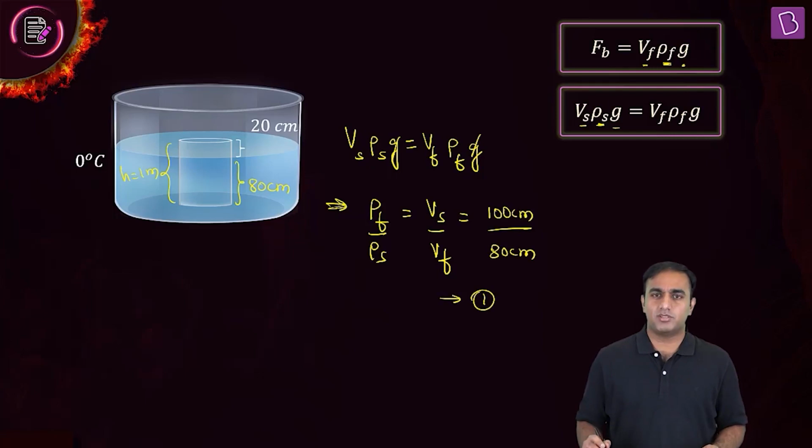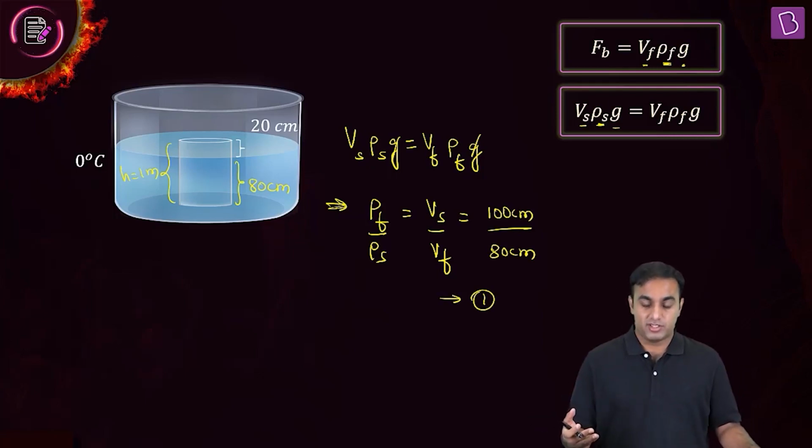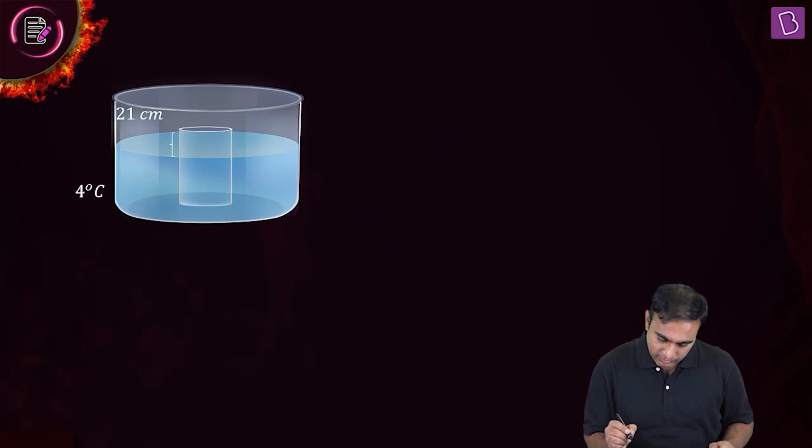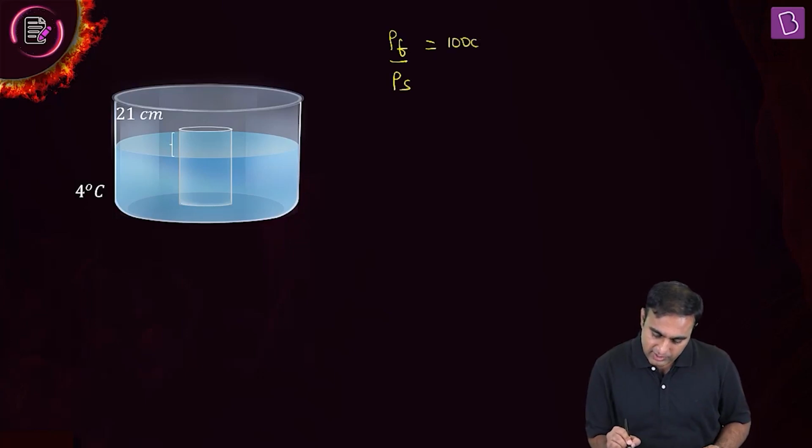Call this equation number 1. Let's keep it aside. In fact, for the next condition, we need this, so let's write it on one side. Rho F by rho S turned out to be 100 centimeter by 80 centimeter.